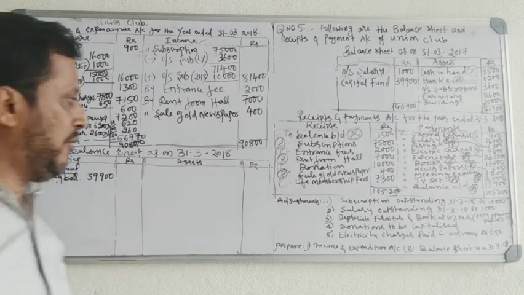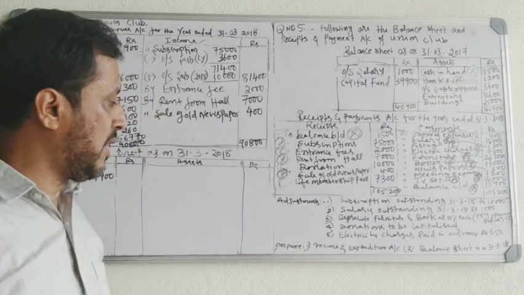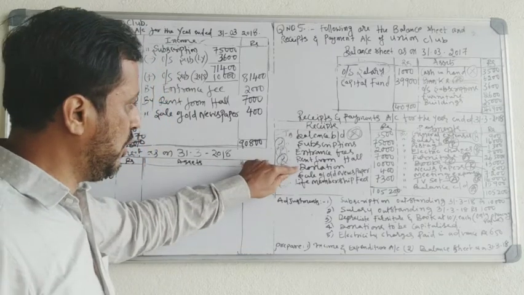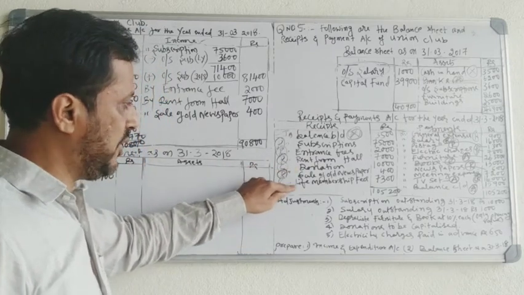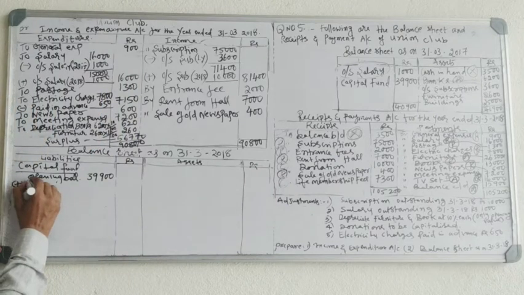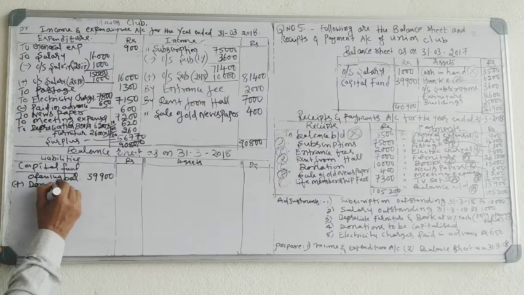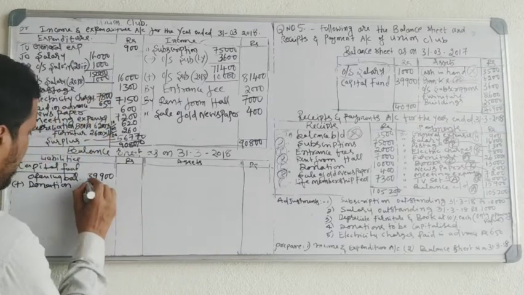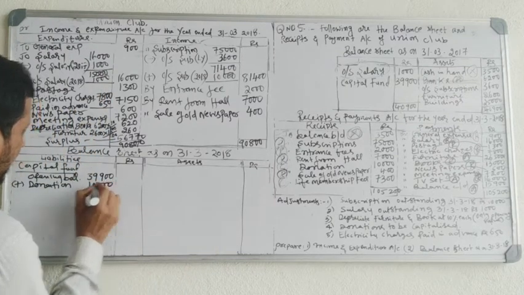To this capital fund, you have to add capital receipts. There are two capital receipts here. I already told you: donation and life membership fees. These two are capital receipts. Add here. Donation, 10,000. Add.